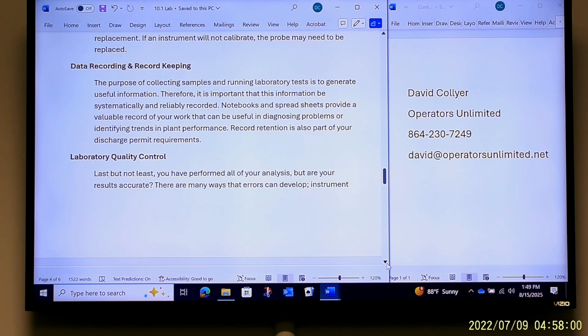Notebooks and spreadsheets provide a valuable record of your work that can be useful in diagnosing problems or identifying trends in plant performance. Record retention is also part of your discharge permit requirements.